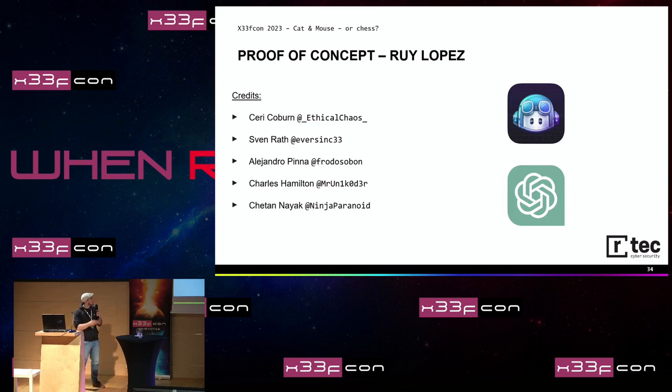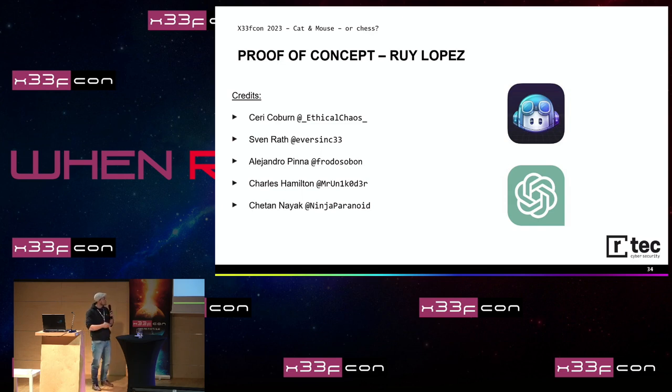I also have to give credits to several people who helped me build this proof of concept. On the one hand, Cherry Coburn, because he helped me all along the way and answered questions, and also made a short telephone call with me in which I introduced him to the technique, and he gave some hints. Sven Rath from my own team, who initially inspired me to build the proof of concept instead of just having the idea in my head.